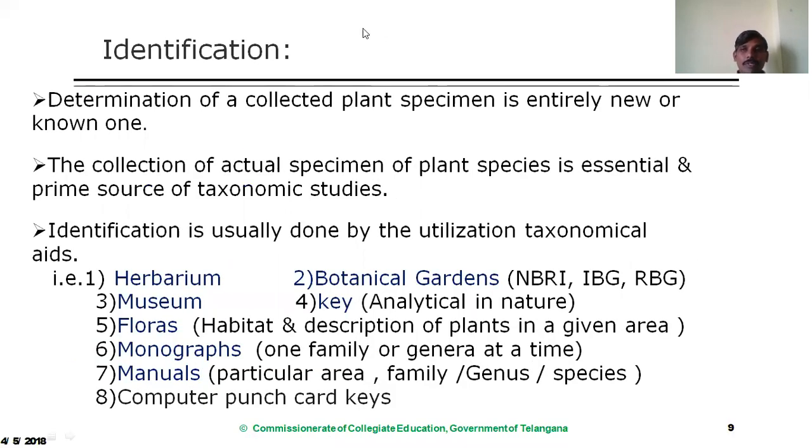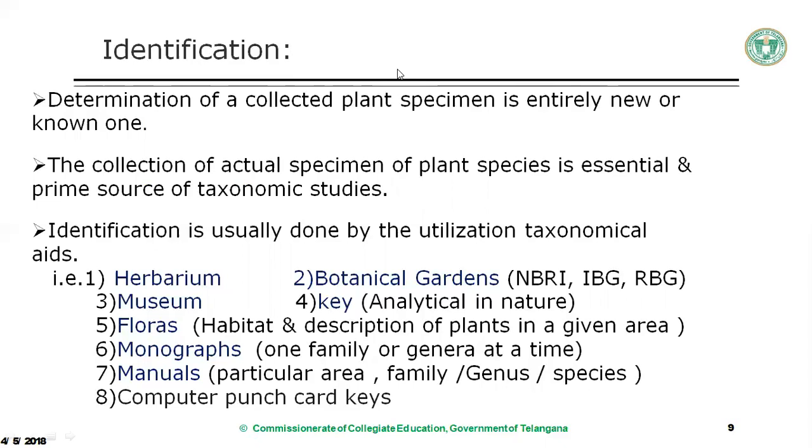So first step in taxonomy is identification. We already defined the identification process. The collection of actual plant specimens of a plant species is essential and the prime source of taxonomic studies.